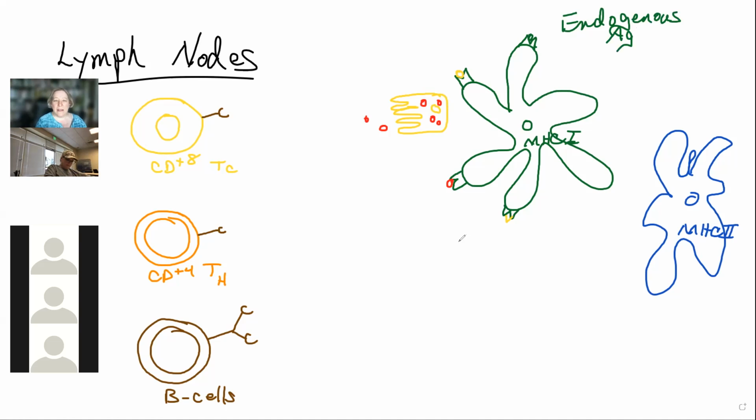Now, because they get chopped up in the phagolysosome, that's why we get the bits and pieces that we call epitopes, because you rarely get an entire protein. Not all antigens are proteins, but most of them are. So these are bits and pieces of endogenous antigens. These viral proteins were made on the inside of this cell.